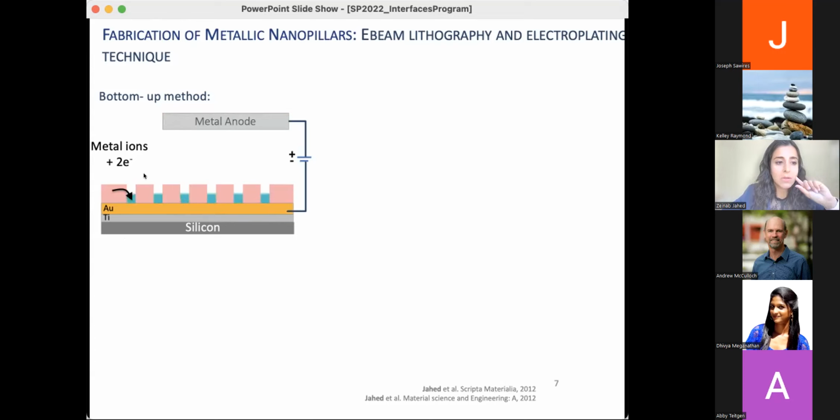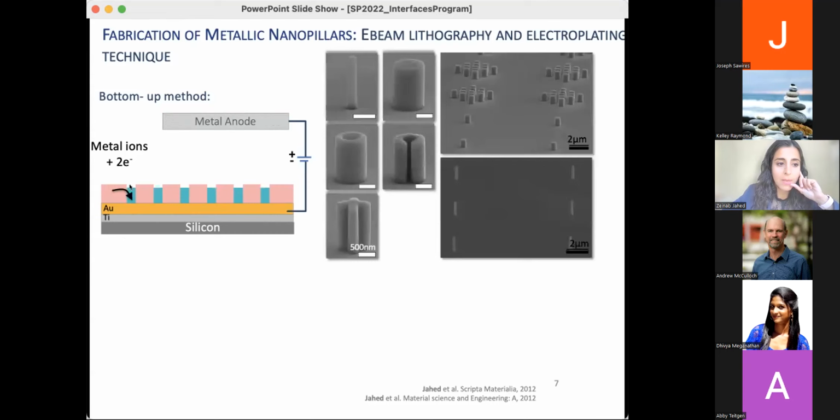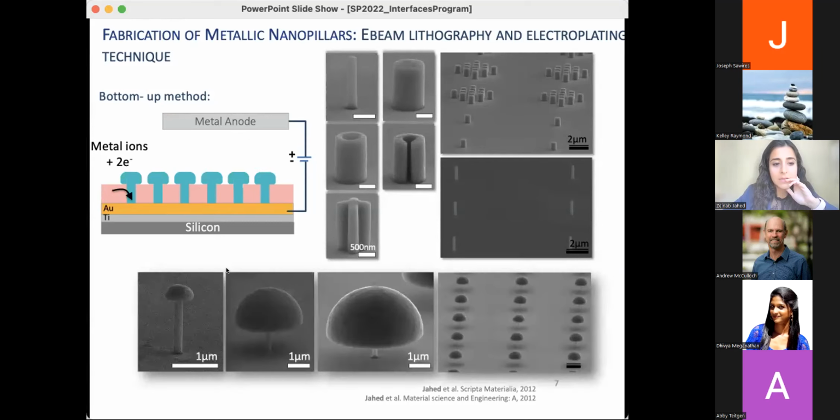The metal gains 2 electrons at the electrode and is able to grow from the bottom up into the mold. So what we end up with are these 3D nanometer scale structures called nanopillars, and we can make them in different shapes and sizes. Interestingly, if we let them grow outside the mold, we get what we call mushroom shaped pillars, and they have other applications in biological sensing.